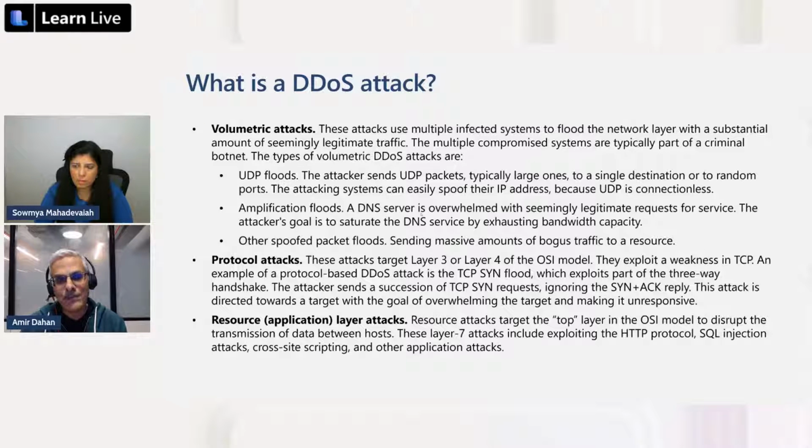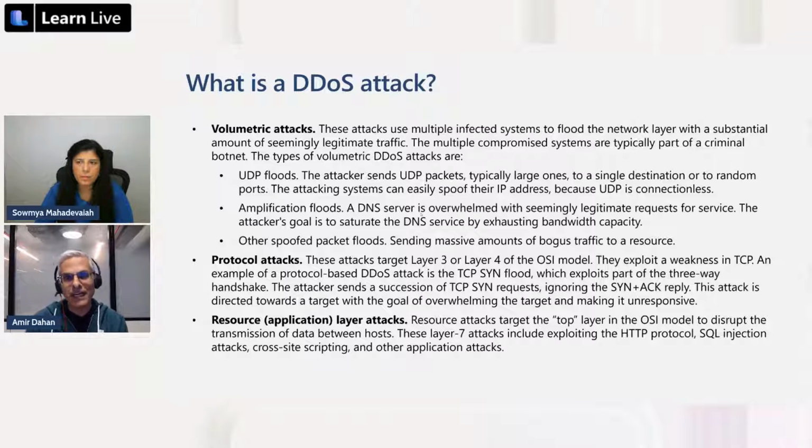In this attack, the attacker sends a succession of TCP SYN requests, ignoring the TCP SYN-ACK replies, which means that the attacked application or server starts to open a TCP session for each such TCP SYN request, but never completes the three-way handshake. In this case, the memory is getting consumed.